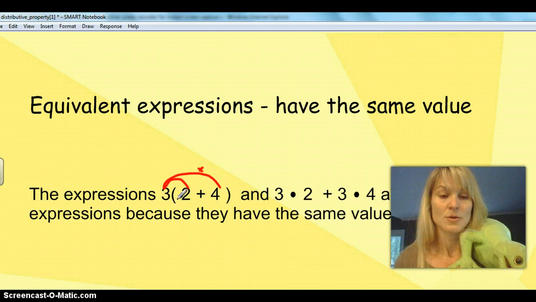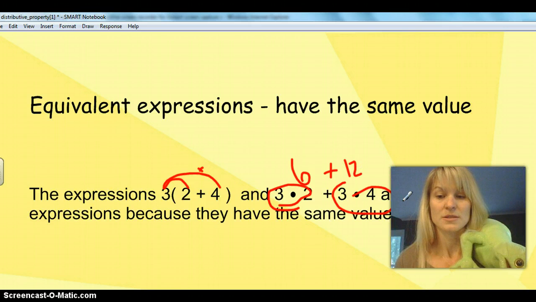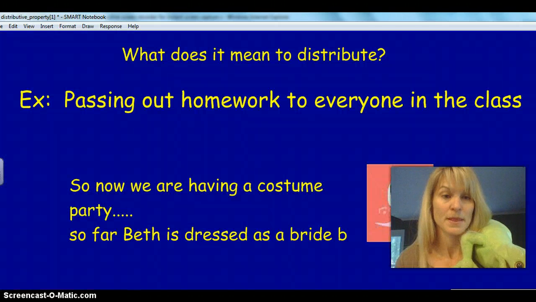Okay, so if we were to add this, this would give you 6. Oops. 3 times 6 would give you 18. And if we were to do this, that would give you 6 plus 12, which is 18. So these are equivalent because they give you the same answer either way.